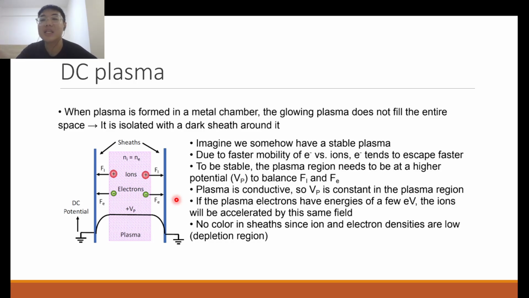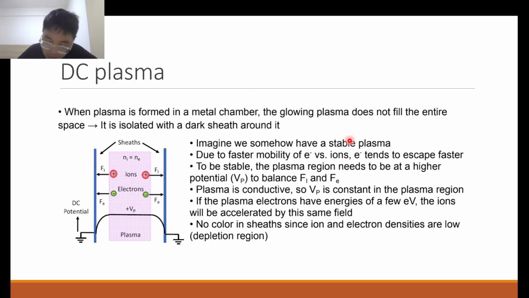So when electrons leave the plasma at a much higher rate than ions, naturally the plasma is raised to a higher, more positive potential. Okay, so that is the reason why the plasma region is at a higher potential than the electrodes.